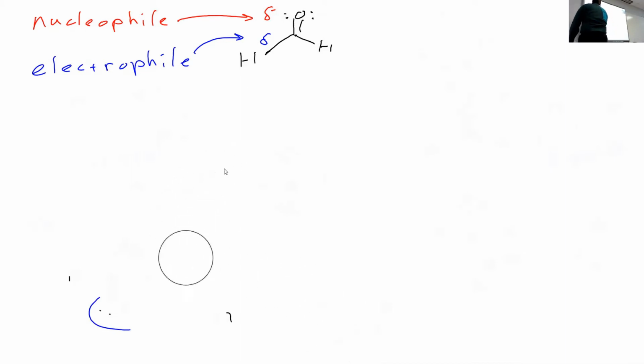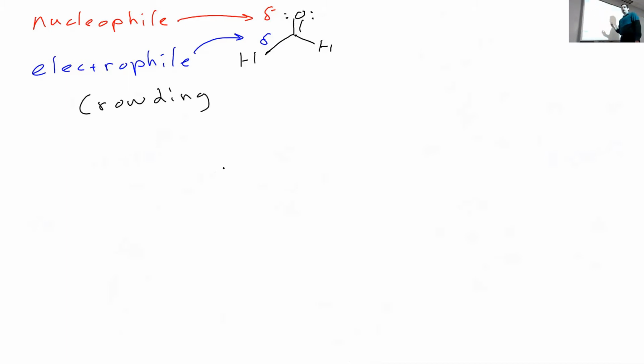So the first key thing that affects any nucleophilic attack is crowding. Right? If we have steric crowding near that reactive site, it can block that nucleophile as it's trying to come in and attack that site, and therefore slow down the reaction.